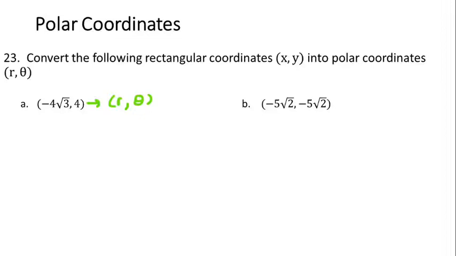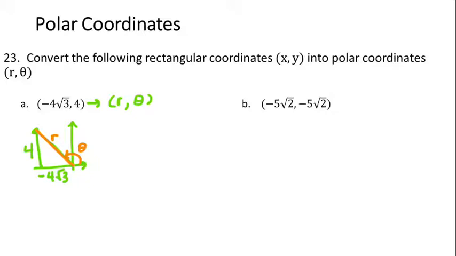My x is negative and my y is positive, so that means I'm going to be in quadrant 2. So I'm going to draw a triangle in quadrant 2. My x side is -4 square root of 3. My y side is 4. So I'm looking for this length here. That's going to be my r, or my radius, and then this angle is going to be theta.